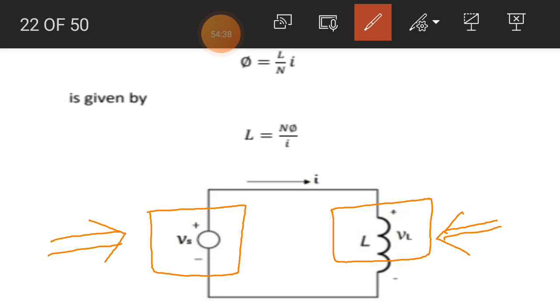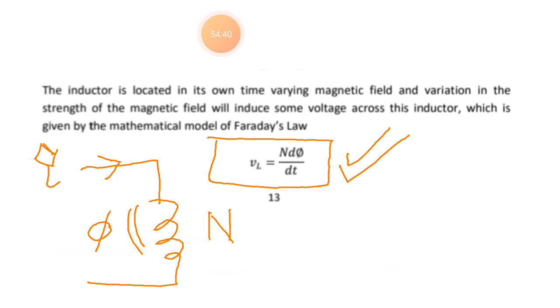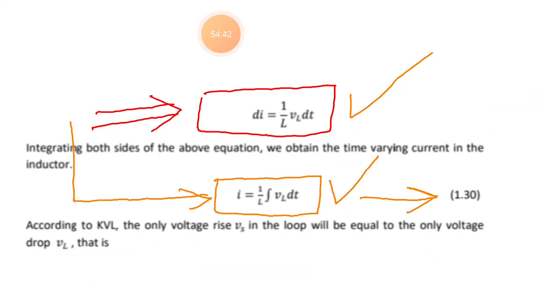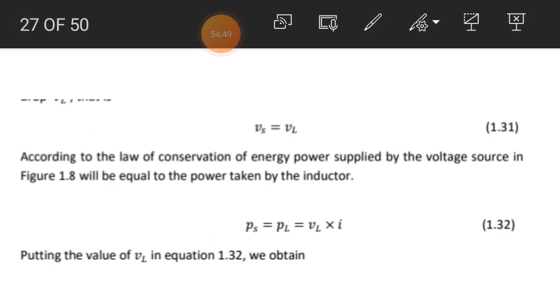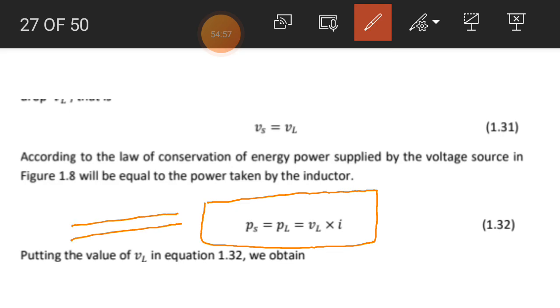According to the law of conservation of energy, the power supplied by the source will be equal to the power taken by the inductor. The law of conservation of energy states that the power supplied by the voltage source will be equal to the power taken by the inductor.